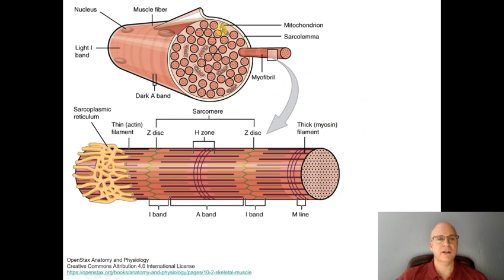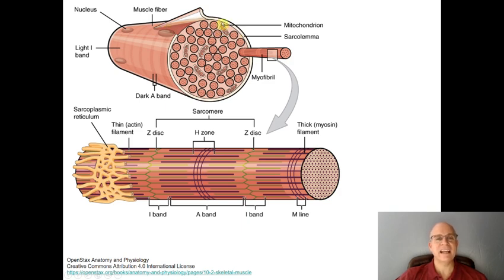So here again we see this is a cross section through a muscle fiber where they've actually sliced a little of the sarcolemma here, so you can see as that sarcolemma is pulled back, you can see a nucleus a little bit more clearly.